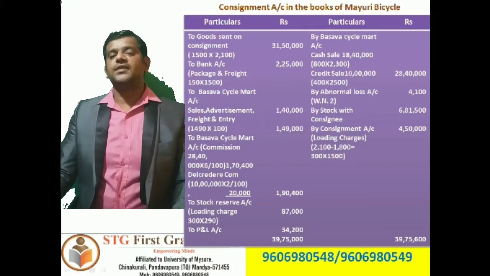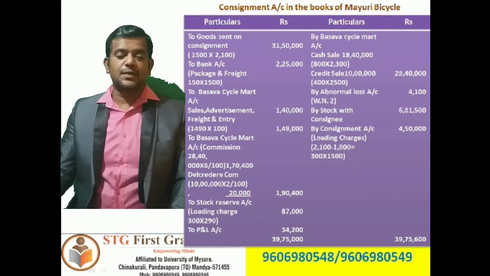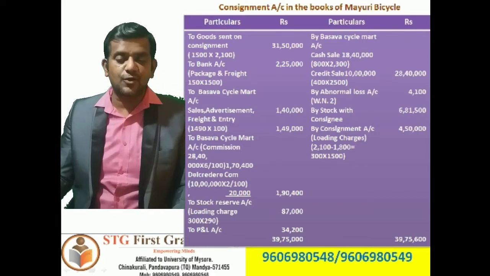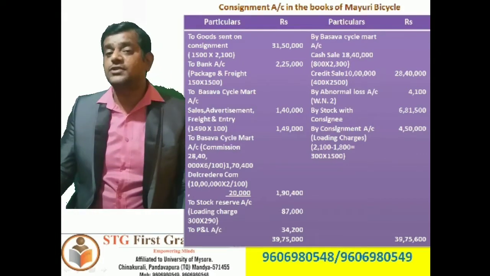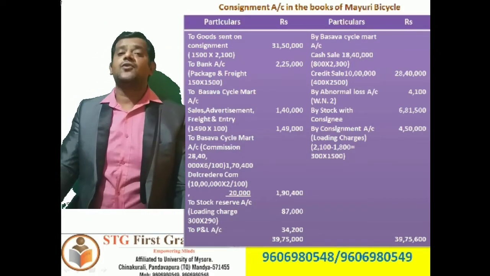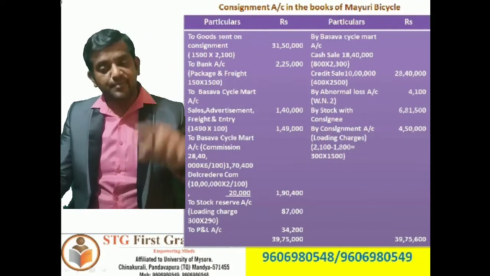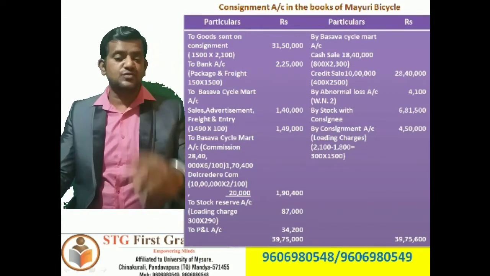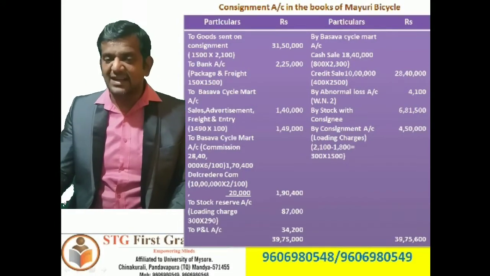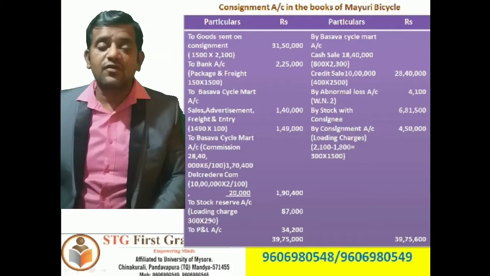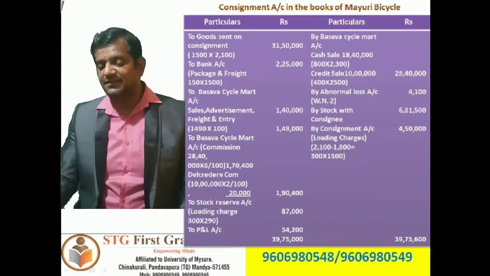Open the bracket and write, how much per bicycle did we get? 300 rupees as loading charge. How did you get 300 rupees? Because invoice price was 2,100 and cost price was 1,800. 2,100 minus 1,800 comes to 300 rupees. So 300 into 290 bicycles, that is the number of bicycles left with the consignee. So that comes to 87,000 rupees.